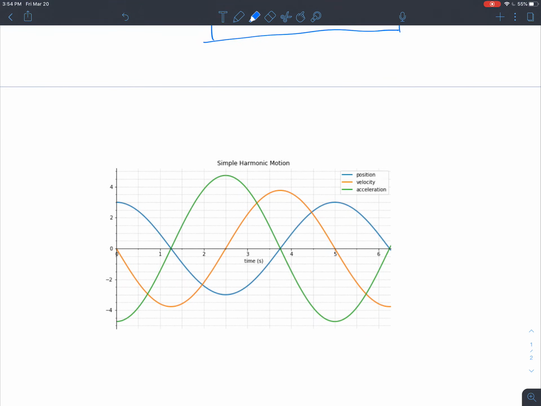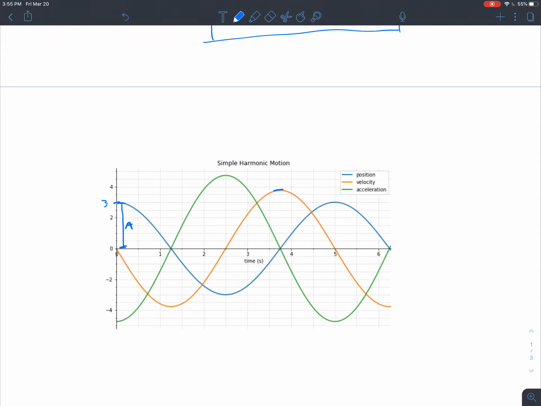So this kind of orange-yellow one, that's our velocity that was up there, right? The blue one is our position. It's a cosine graph, and you can tell that this is 3. So for a position, this extreme value is always going to be the amplitude. And then it goes up by a factor of omega every time.